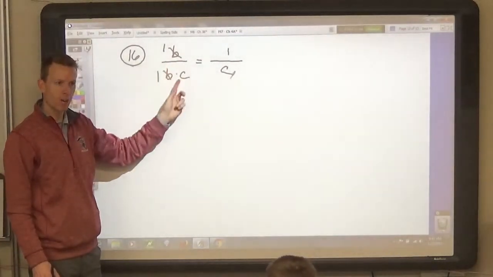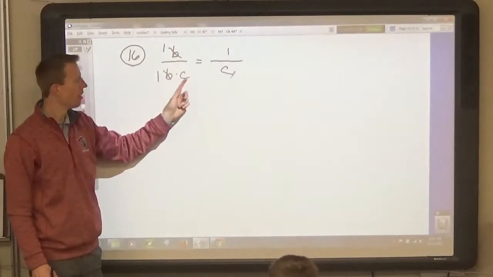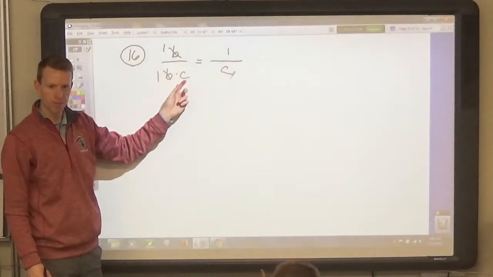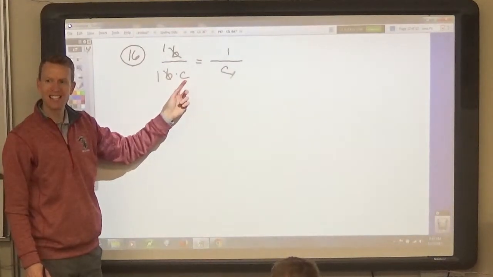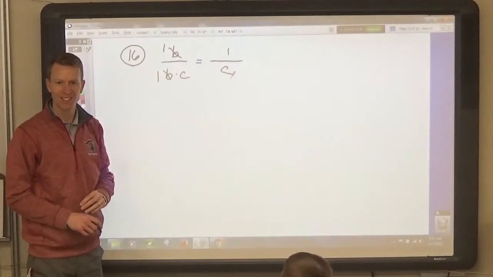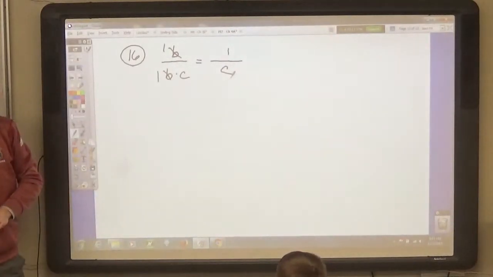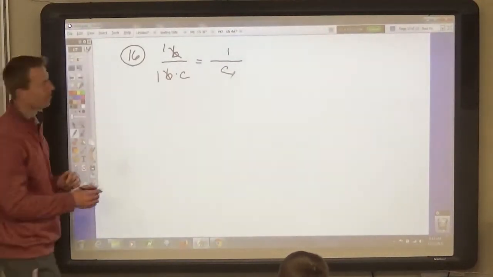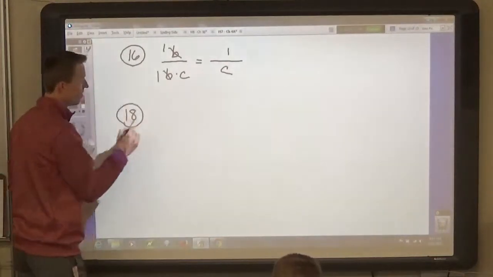And so b divided by b is 1, and we're left with c on the bottom, because it's 1C here. So I just put C.